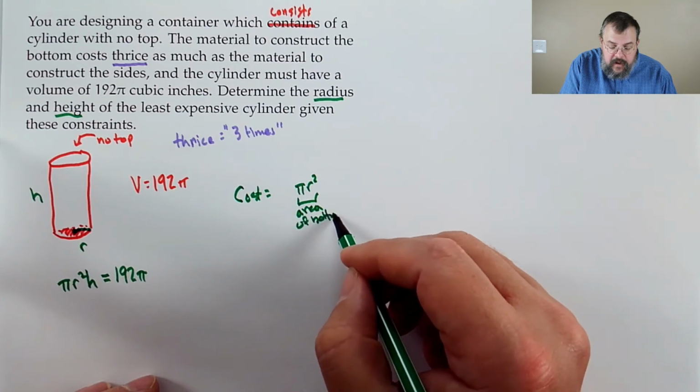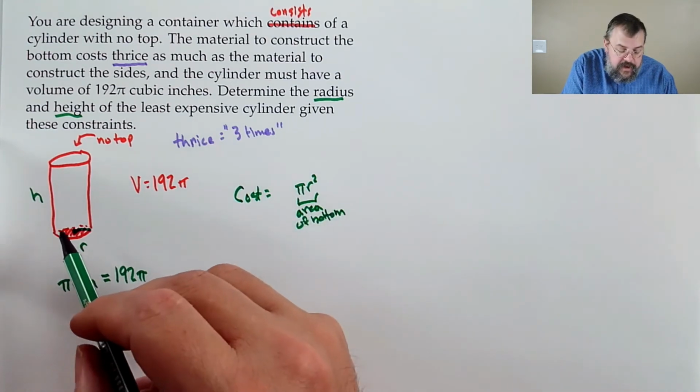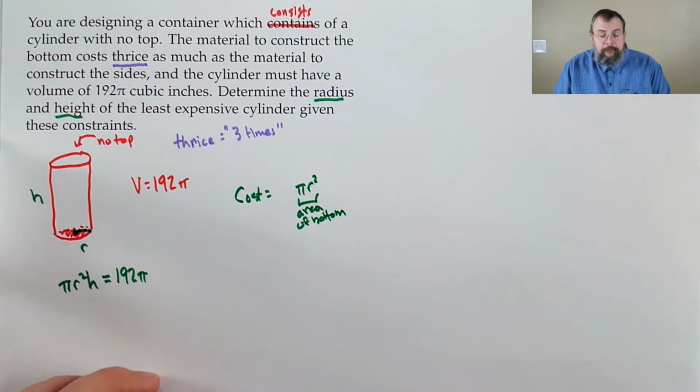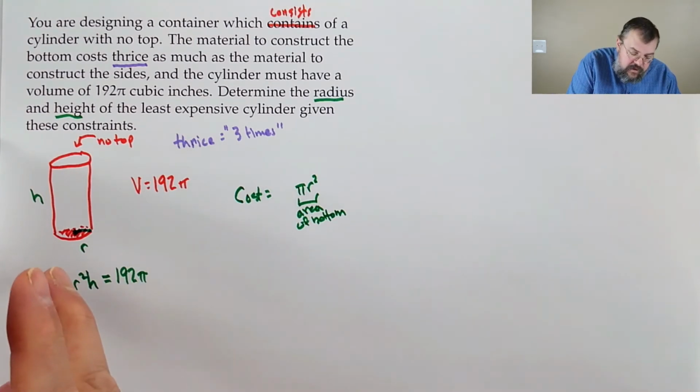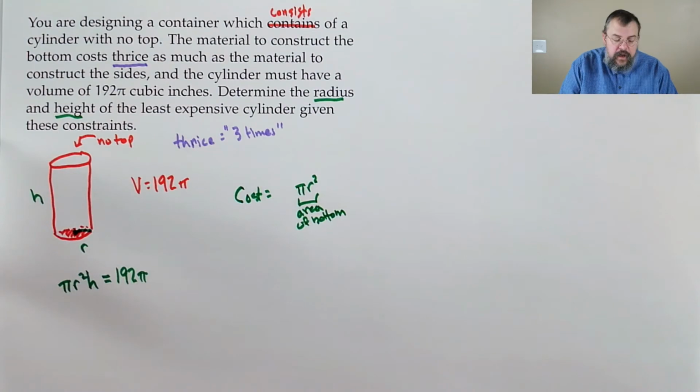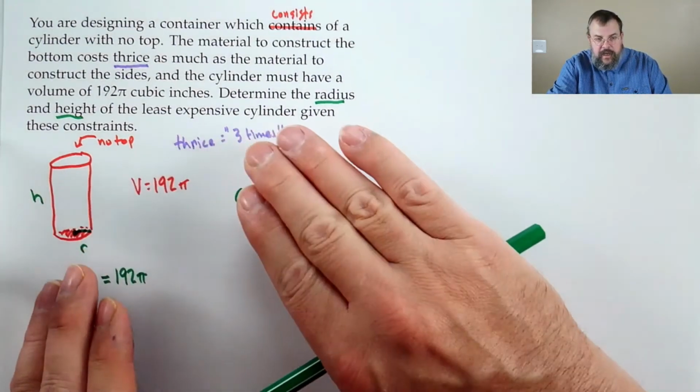All right. And now, how much area is on the side? Well, to figure that out, one thing you can do is you can reach into your pocket and pull out your scissors, and you cut along the side, and then you would take it and you'd lay it flat.